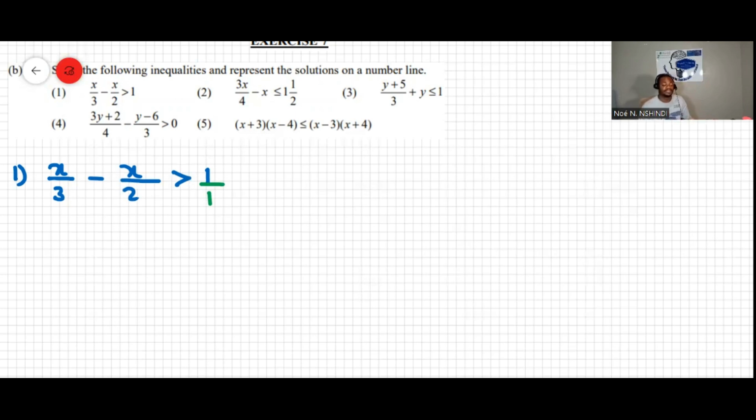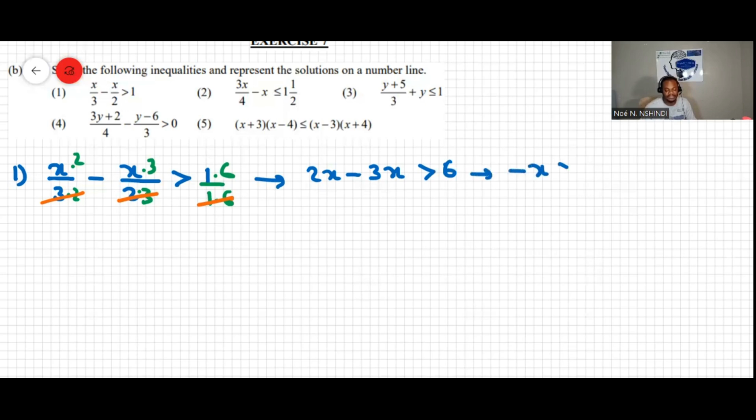Or we can make the denominator common by timesing here by 2, here by 3, and here by 6. Now that they are common, you can just drop the denominators, so we focus on the numerator. So this means 2x minus 3x greater than 6. So 2x minus 3x makes negative x greater than 6.